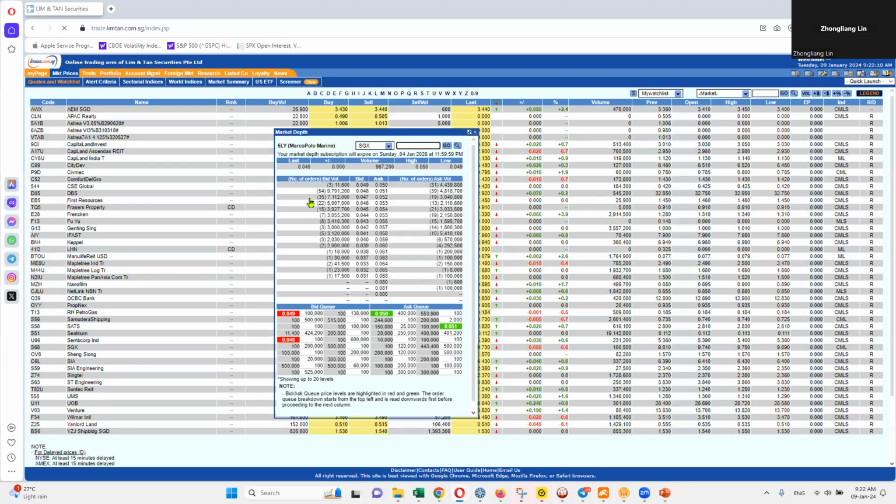And vice versa, if you see the buy queue depleting very fast and the number of queues getting lesser and lesser, meaning the market is less willing to pay for the shares at the higher price. So they probably will allow the share to depreciate lower.